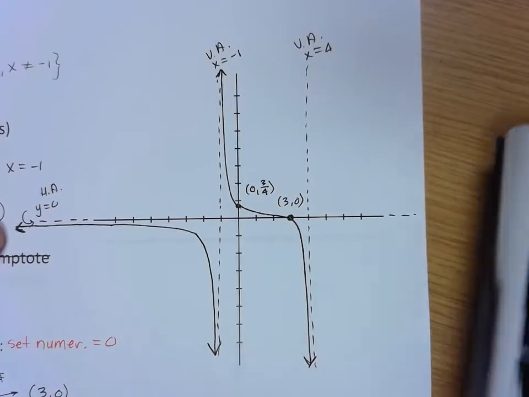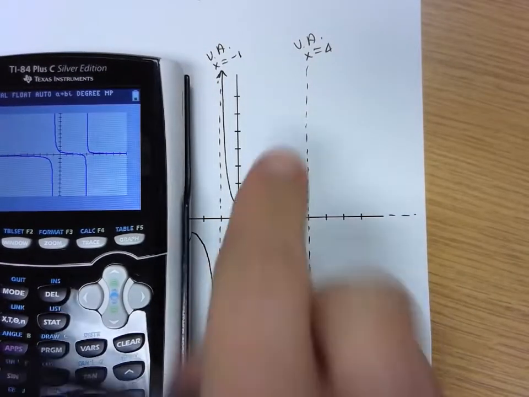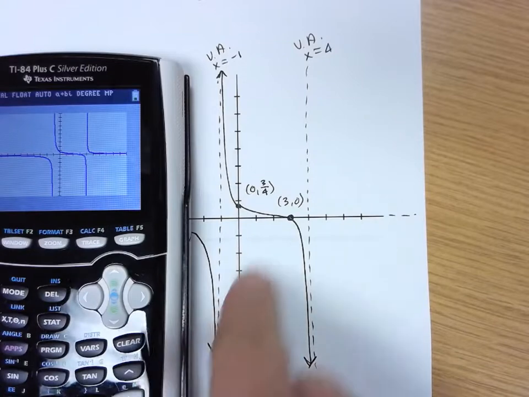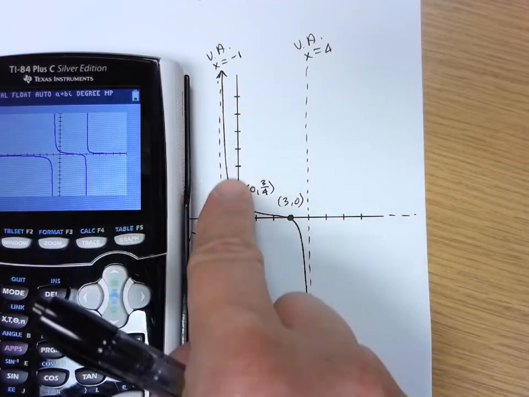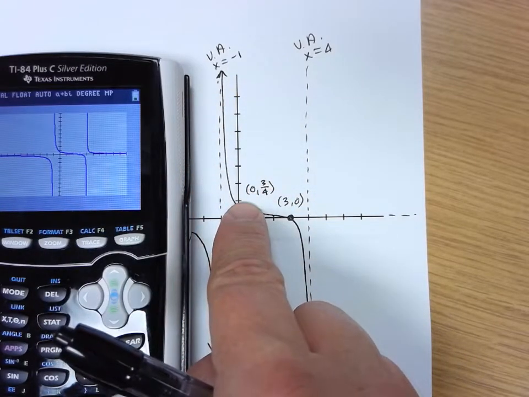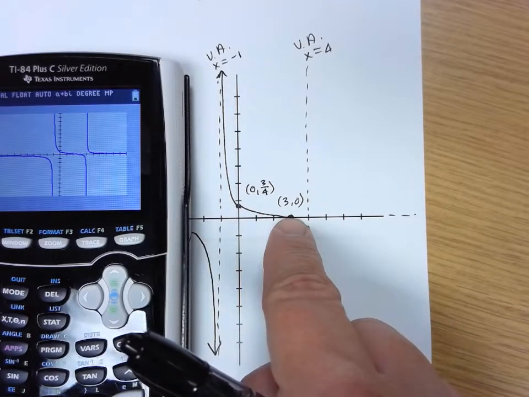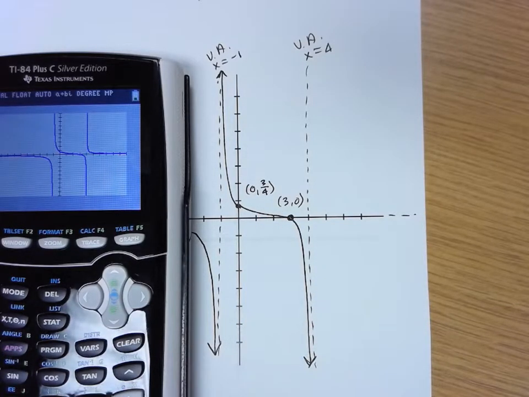Okay? Then we've got the middle part graphed correctly. It makes the jump to positive infinity, catches the y-intercept at 3/4, catches the x-intercept at 3, and then continues to minus infinity just when you get to the second vertical asymptote.